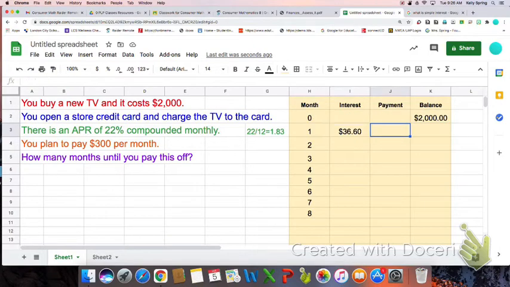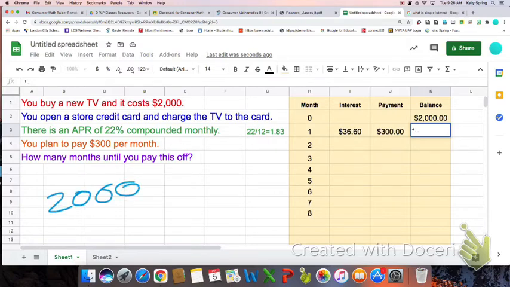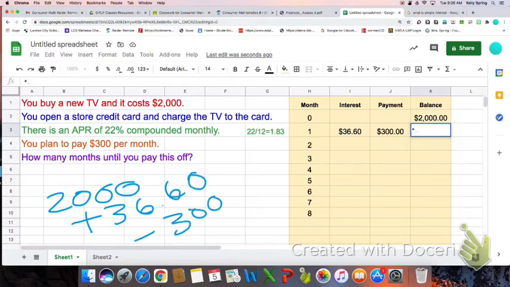My payment is $300. And now to come up with my new balance, if you're doing this on your own piece of paper or with a calculator, my balance is going to always be my previous balance plus my interest minus my payment. And that would be my new balance.